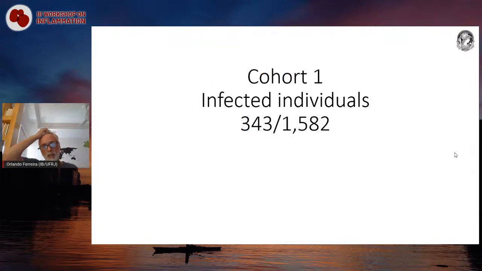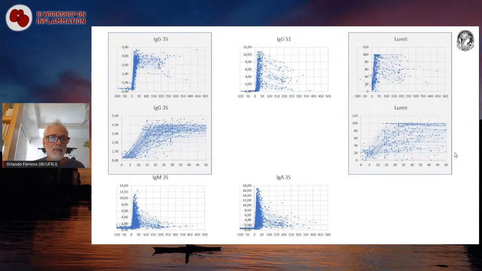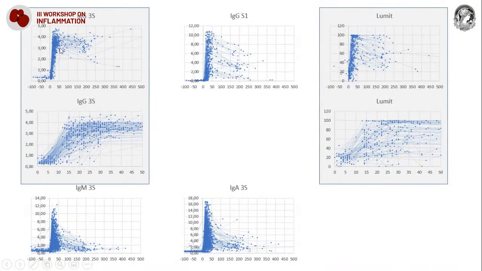Okay, so here is the first cohort. Cohort 1 is of infected individuals. I'm going to show you the data of 343 individuals, totaling 1,500 samples. This figure on the left shows the kinetics. These are individuals from whom we collected sequential samples.